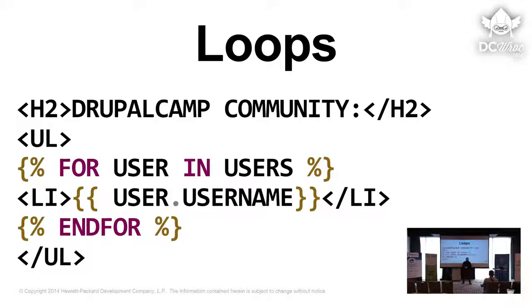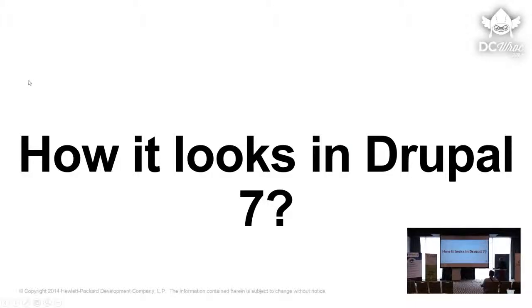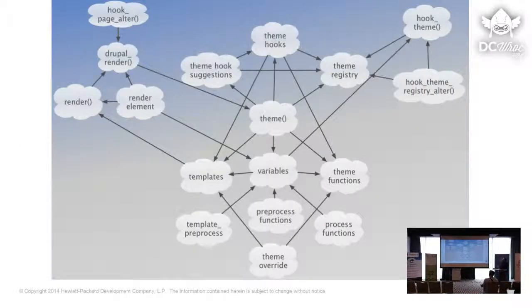Okay, and what else? Why does Drupal 8 use Twig? Maybe have a look at how it looks in Drupal 7. In Drupal 7 it looks like this. Cool. I don't know what is going on. As you can see, it's a devil source.